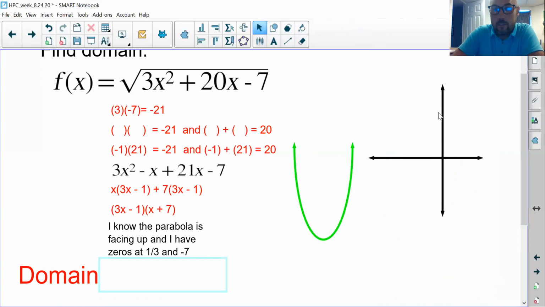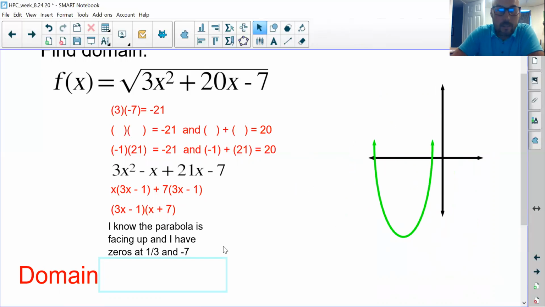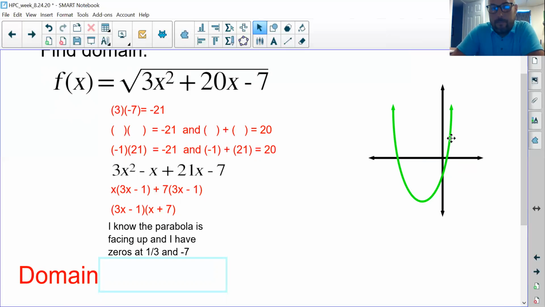So I can draw a quick cross and then sketch a parabola. I know it's hitting the zeros, the x-intercepts at -7 and 1/3. So I've got a positive x-intercept and a negative one. So it looks something like that. And notice my y-intercept would have been -7, and there's my y-intercept.